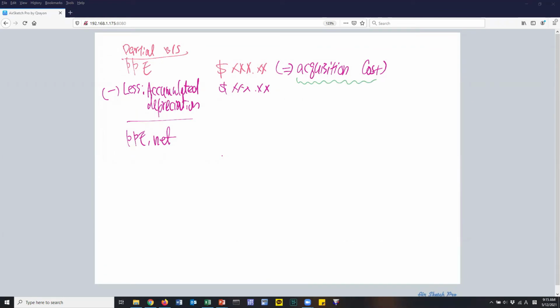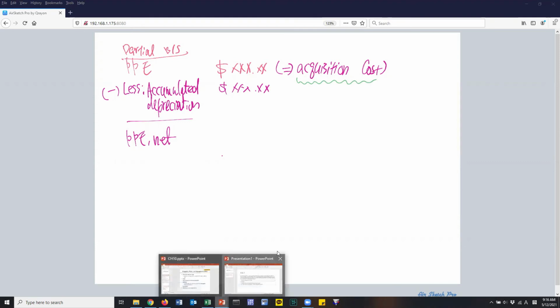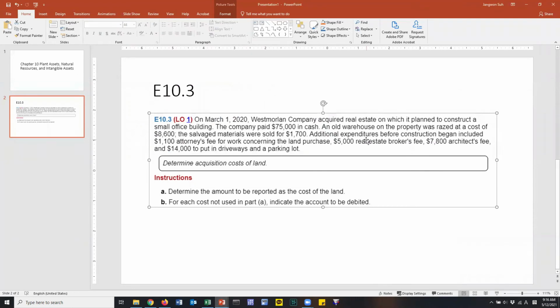That said, how do we calculate the acquisition cost? Well, we can talk about each of the items, but the rule of thumb is you should include every single cost that is incurred to utilize the PP&E. Let's have a look at an example from your textbook, chapter end. On March 1st, 2020, Westmoreland Company acquired real estate on which it planned to construct a small office building. The company paid $75,000 in cash.